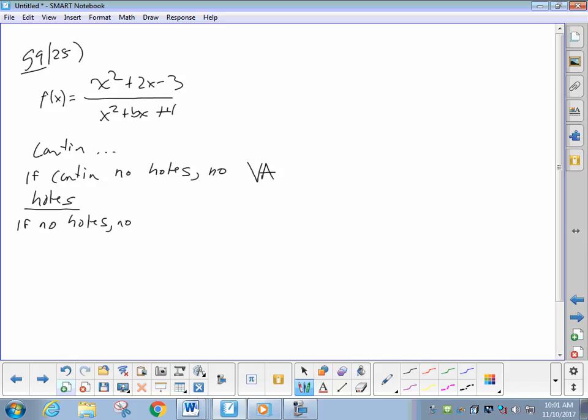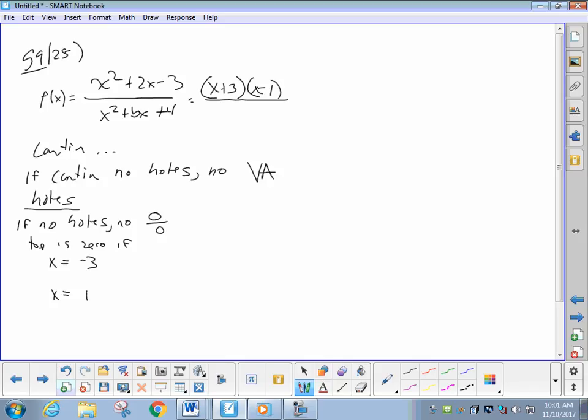You get a hole if what? It cancels that. There's a common zero. Okay? If there's no holes, then there's no common zeros. Now, I don't know about that, but I guess I could look at the top and say what makes the top 0. And it seems like the top is 0 if x equals -3 or x equals 1.